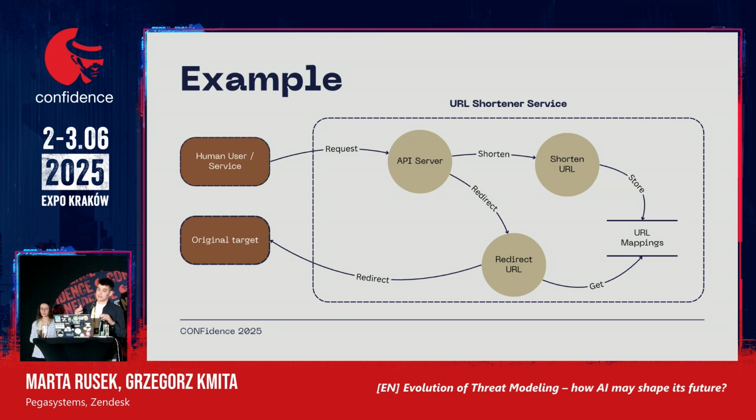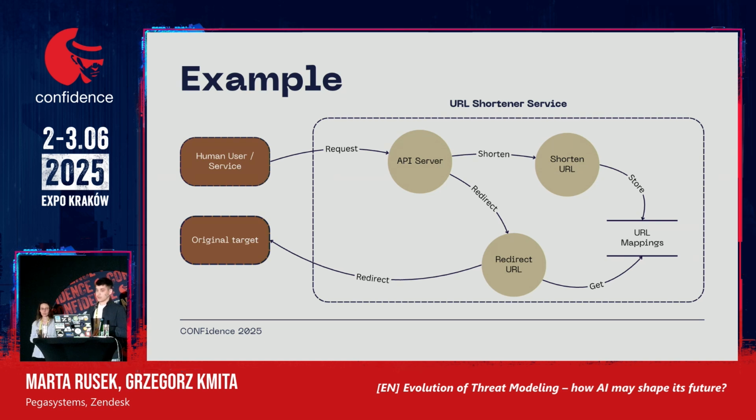At the entry of the system, we have a human user or a service which requests an action. It can be either shortening or redirecting, based on what URL it has, to the API server.